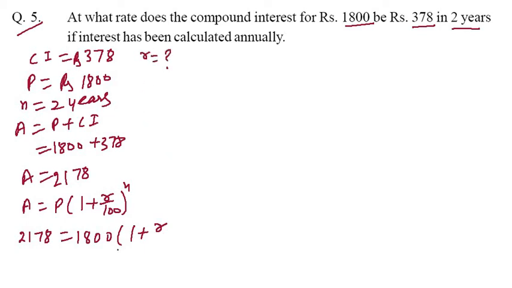That is the question mark. And whole power N is given as 2 years. So here is 2178 upon 1800 will be equal to 1 plus R upon 100 to the power 2.